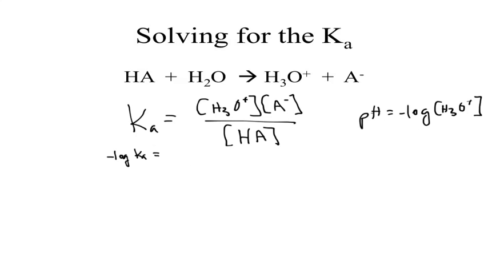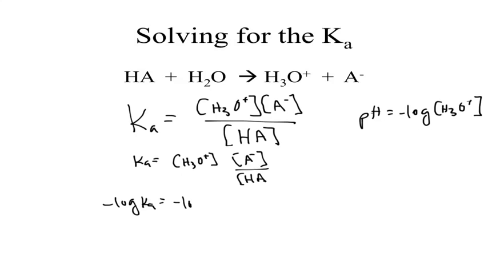Before I do that, because it's going to be a little bit shorter this way, I'm going to pull that H3O+ out. It's a very small change. It just shortens what I have to do later. Now when I take the negative log of both sides, I get the negative log of the Ka equals the negative log of H3O+ times this stuff.